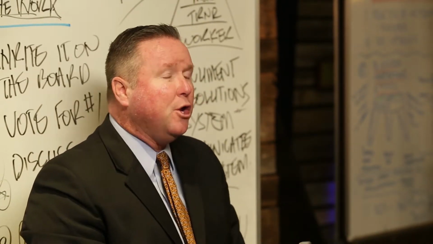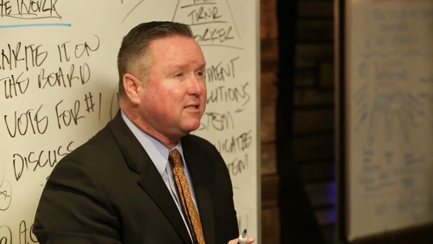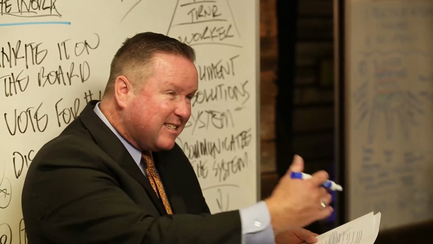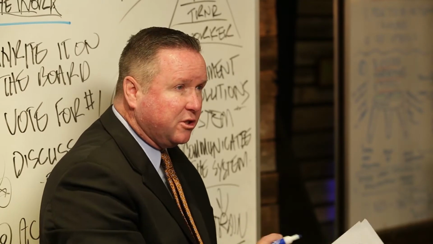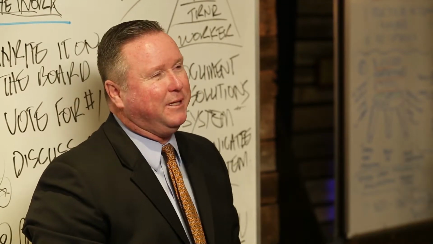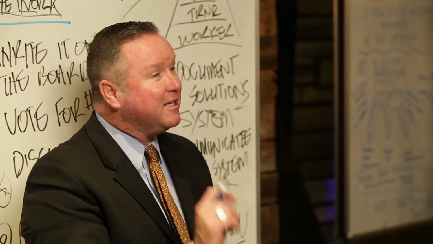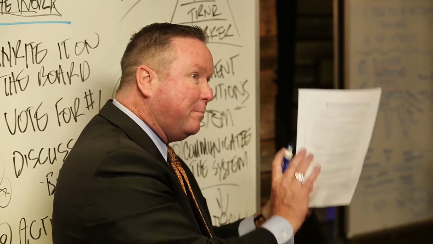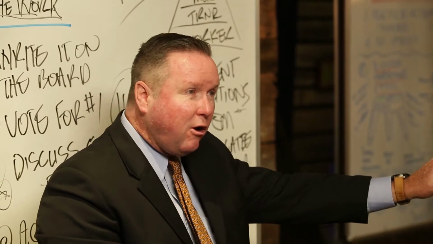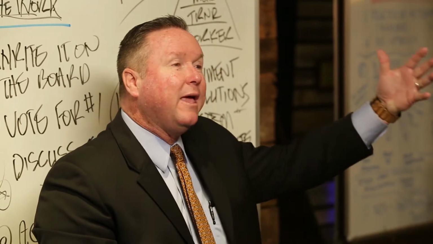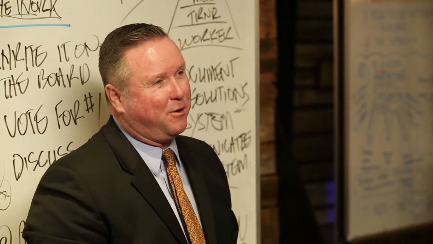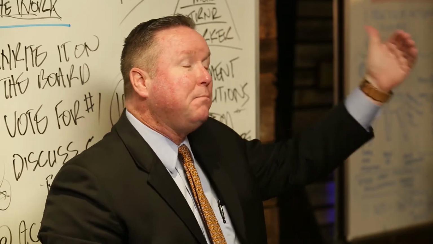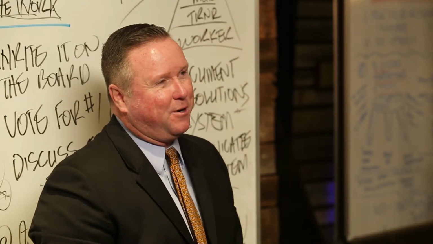But from now on, we are only going to delegate systems. We're only going to delegate step-by-step instructions on how to get tasks completed. That way we can ensure, as managers, that we're going to have repeatability. They are going to solve the problem exactly the way I want them to solve the problem, exactly the way I have planned for them to solve the problem.